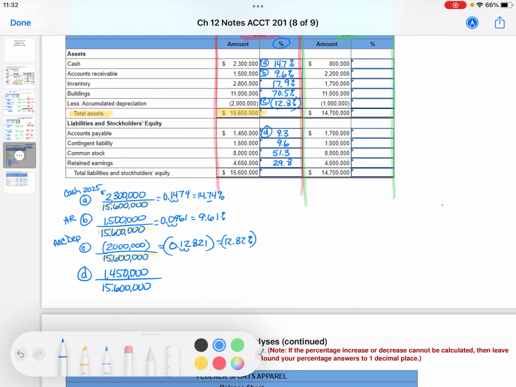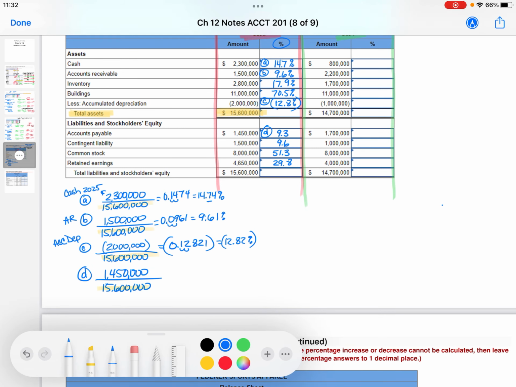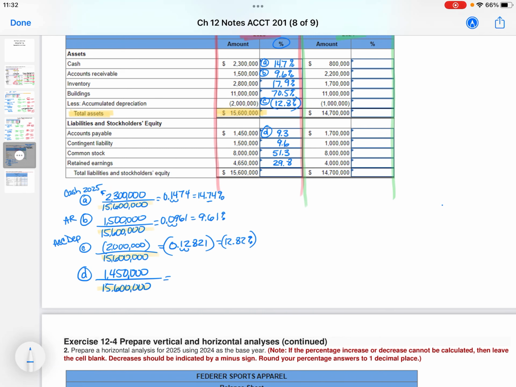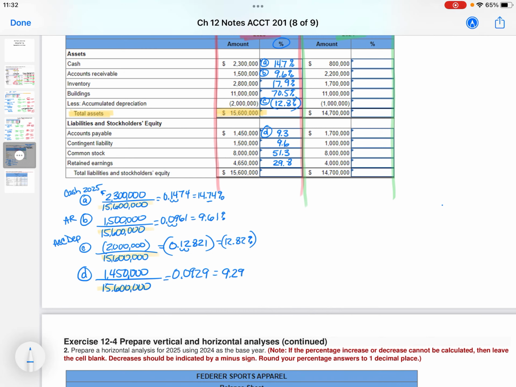Same number. So for that one, this is how I ended up with 0.0929, which is 9.3% rounded. So it rounds to 9.3.